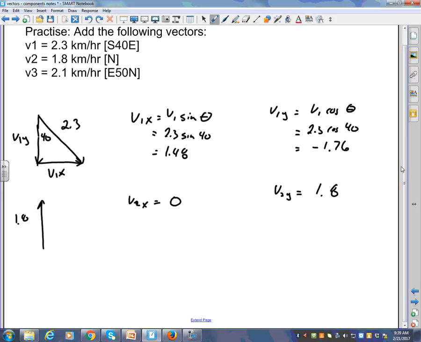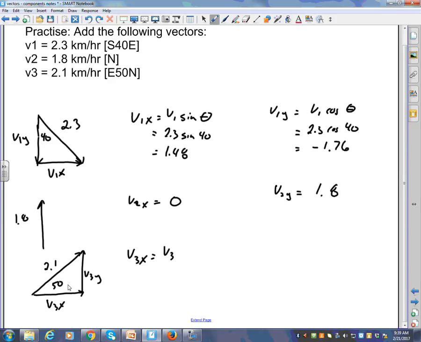Okay, and then the last one, 2.1, east 50 north. You can draw the whole thing. East 50 north, so east and north, with the angle being 50. This is going to be V3x, V3y. V3x is equal to V3 cosine 50, since the x here is beside the angle.